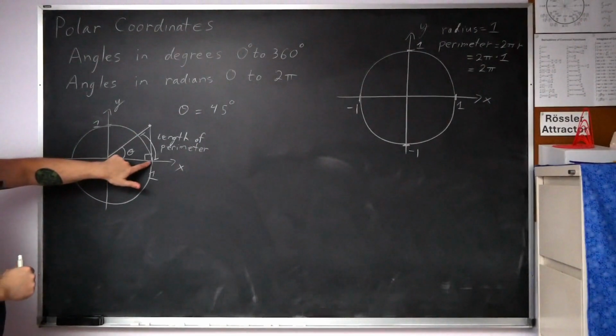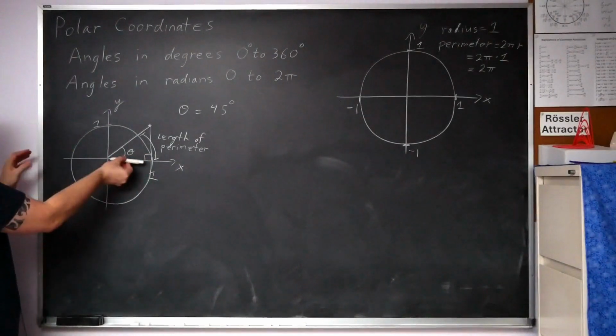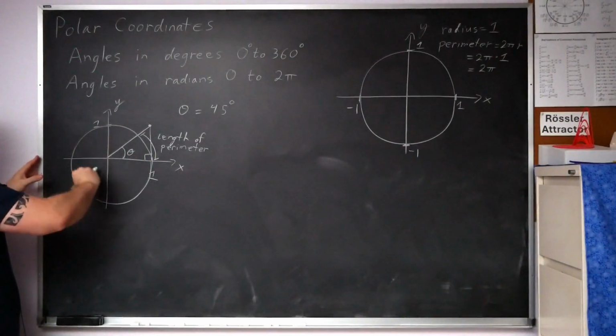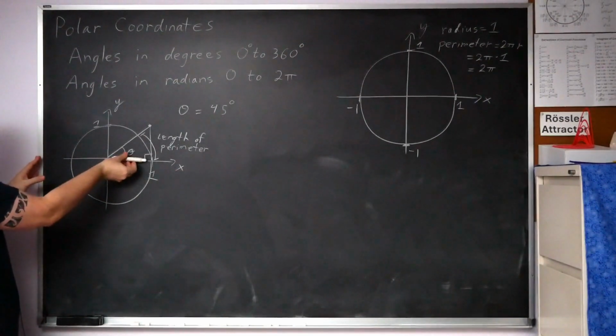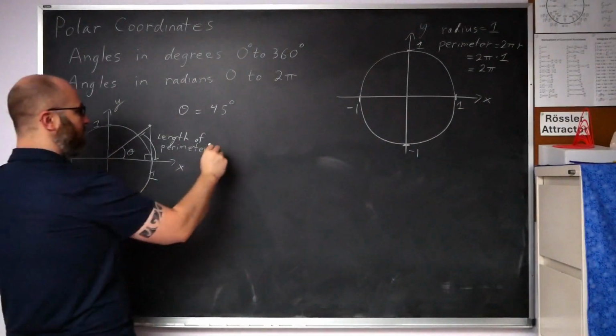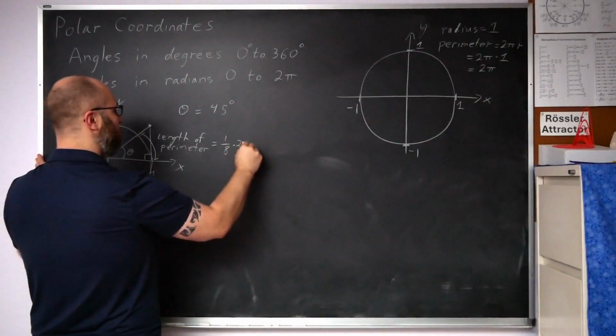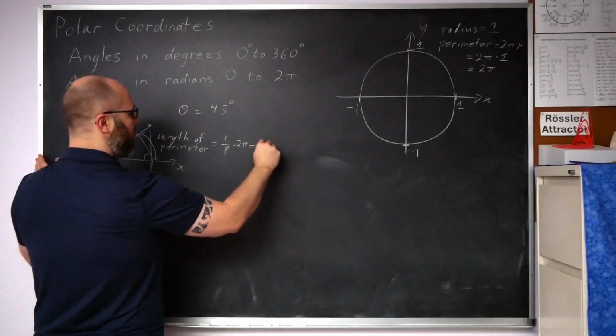The circle has an entire perimeter of 2 pi. So this would be 1/8 of the entire perimeter of the circle, and the perimeter is 2 pi. So you end up with pi over 4.